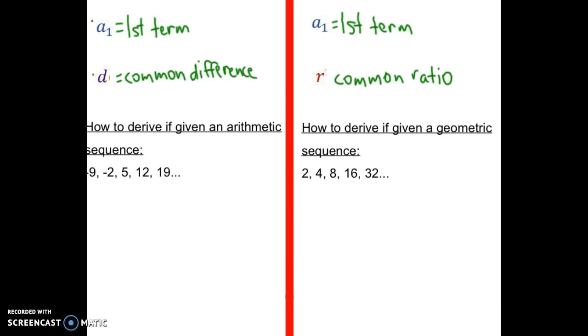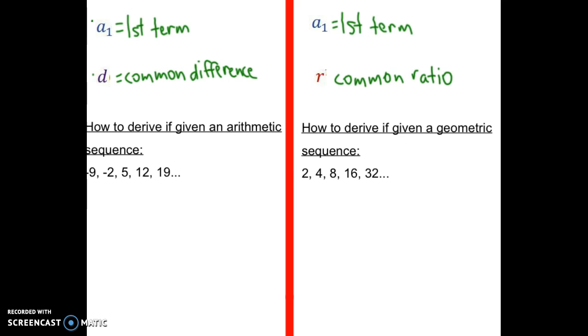How to derive, because this will be something you'll have to do in just a little bit, how to derive the explicit formula if given an arithmetic sequence. So, if I were to do this, I have the sequence -9, -2, 5, 12, and 19. Let me model this for you.